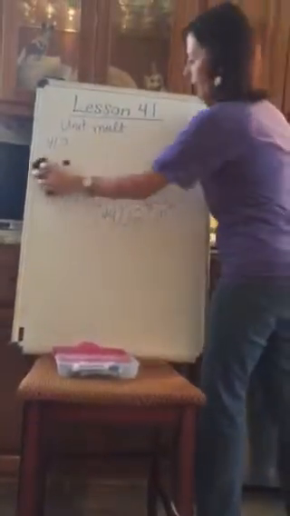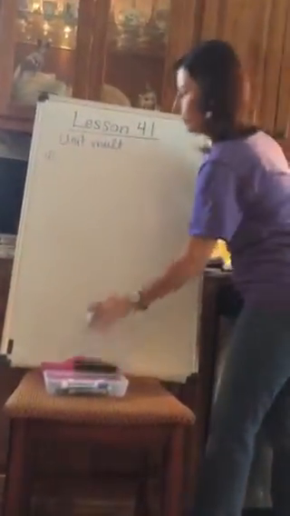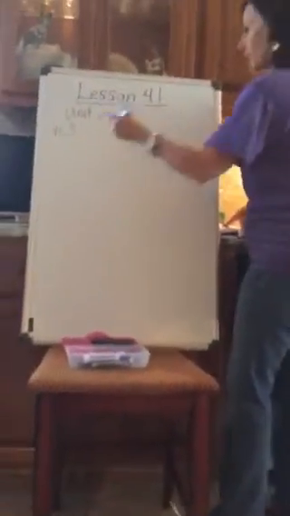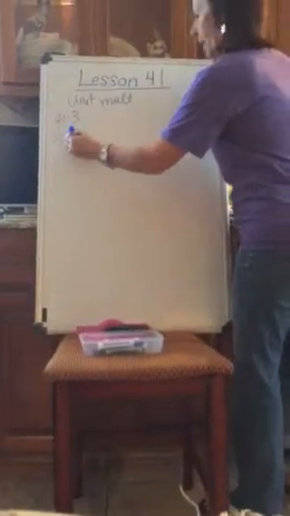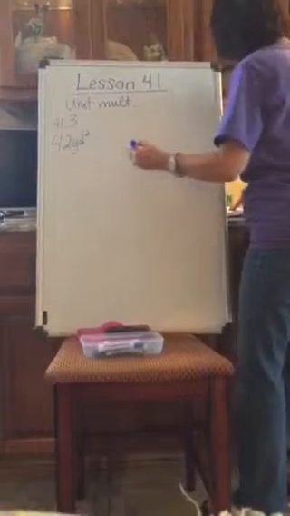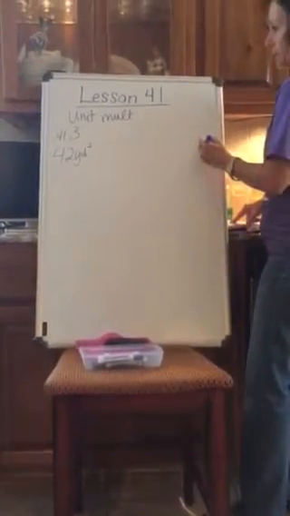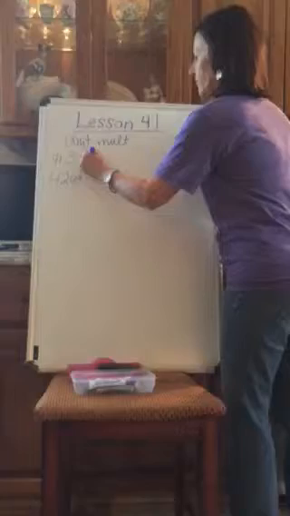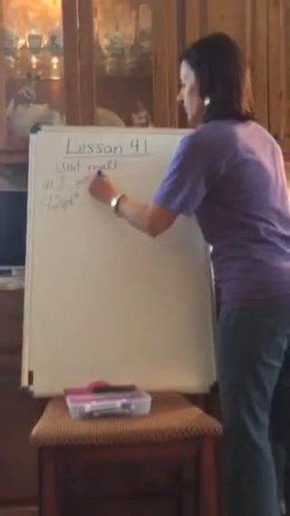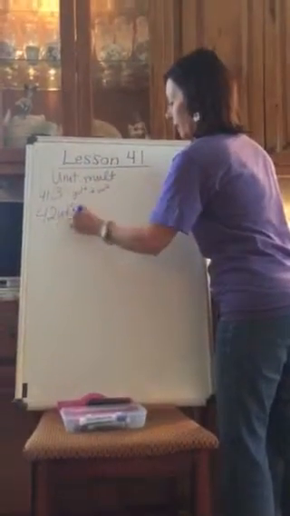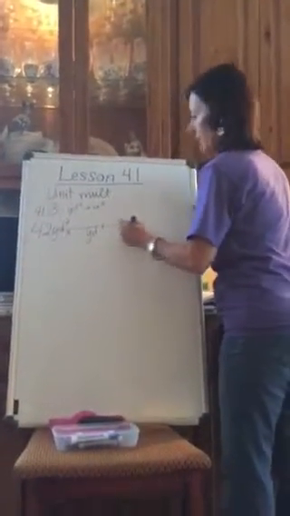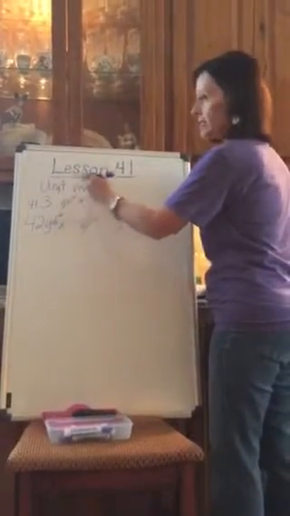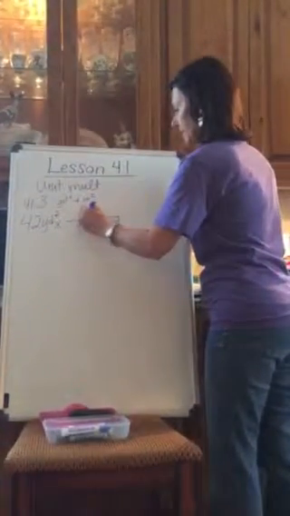All right, let's look at example 41-3. Example 41-3 says use unit multipliers to convert 42 square yards into square inches, okay? So we're going from yards squared to inches squared. So I know I have to have yards twice in the denominator. To go from yards to inches, I go from yards to feet, then to inches.